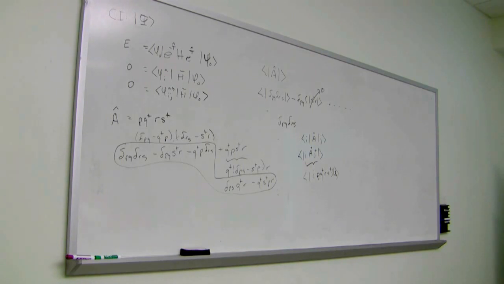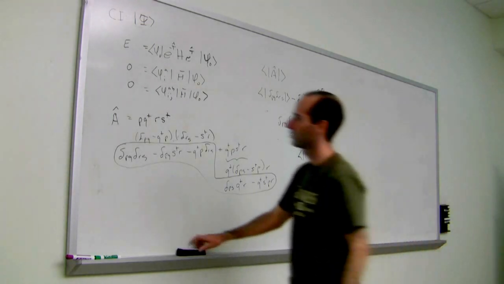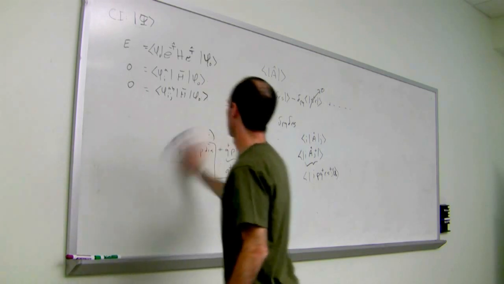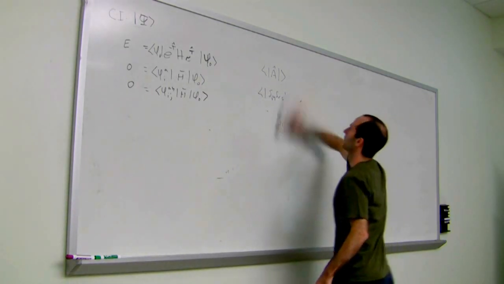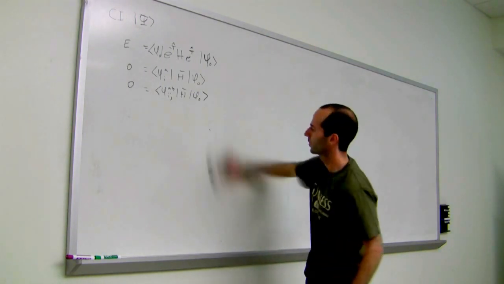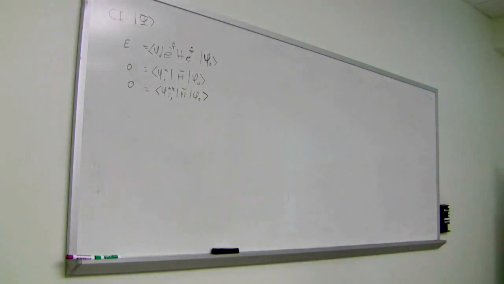So we're going to assume that someone else worked out our equations for us. And I'm just going to write one of them down for you. You play the game with creation annihilation operators for Wick's theorem, and you get a very simple expression for the energy.